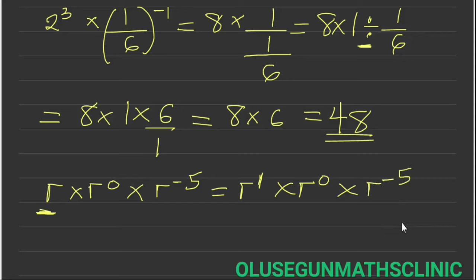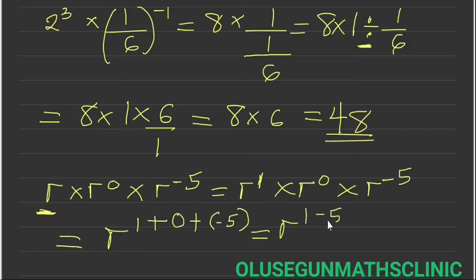As I've said earlier, if you study this expression, what is common there is the base, and the base is r. You now say that is equal to r raised to 1 plus 0 plus minus 5, which will give us r raised to 1 minus 5.